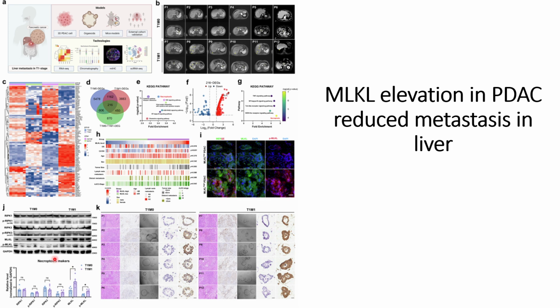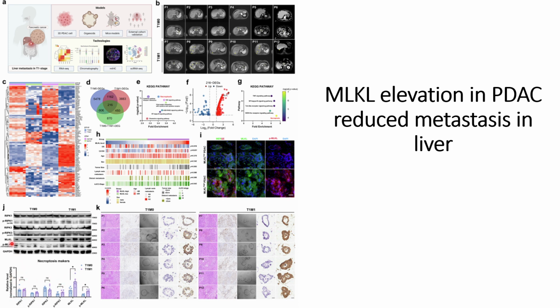And what they found in the quantifications is that in the case of T1M1, the relative amount of MLKL is high compared to the T1M0, whereas the other amounts are not that much affected. That can be seen here.